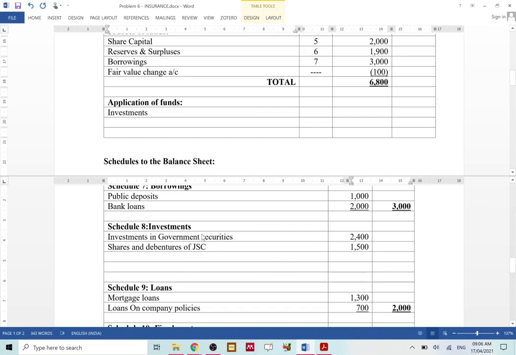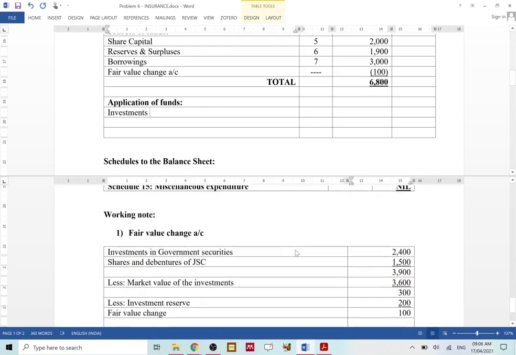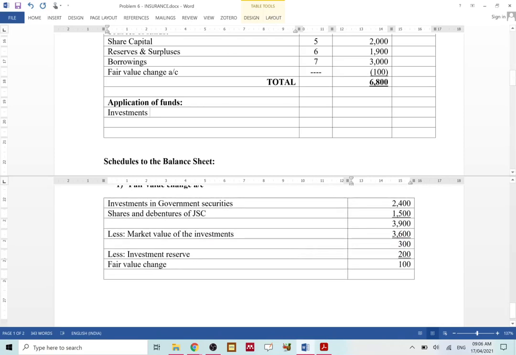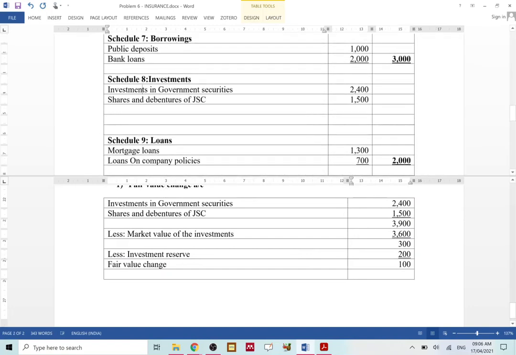We have done this calculation for the fair value account, isn't it? So this same calculation we are going to show over here also. Under schedule 8 investments, we had just left this aside. The same calculation you have to carry forward here.